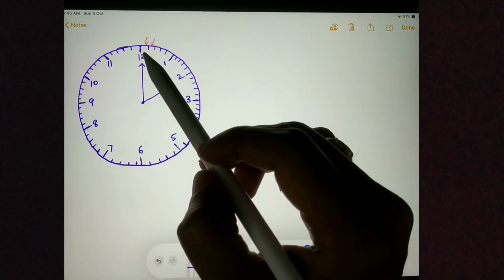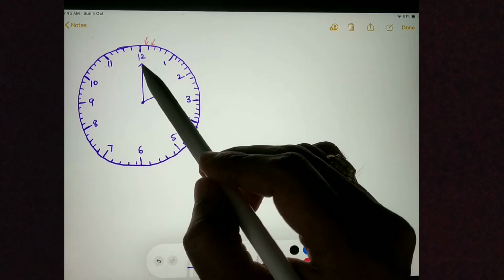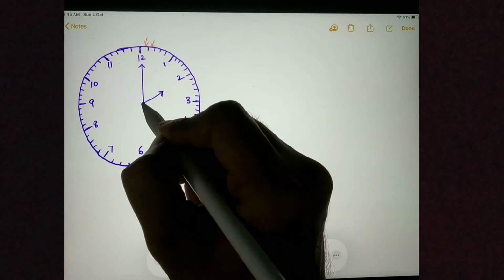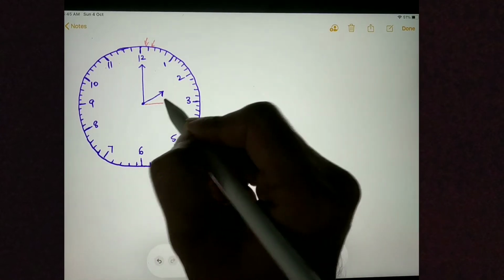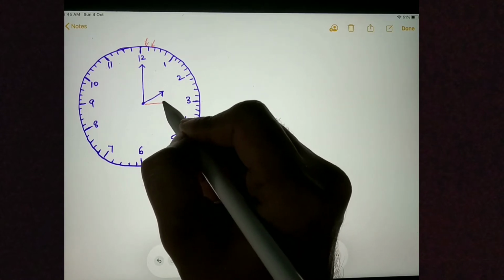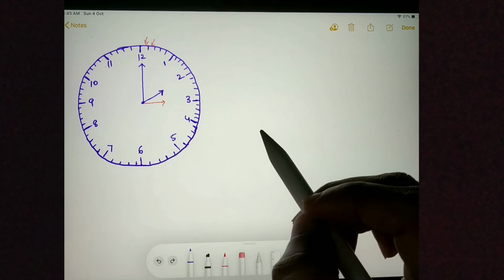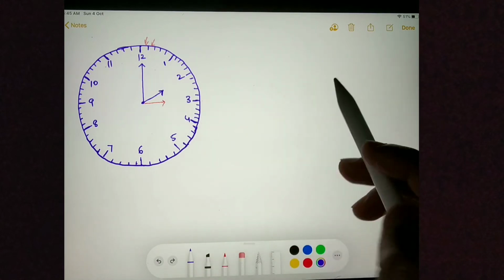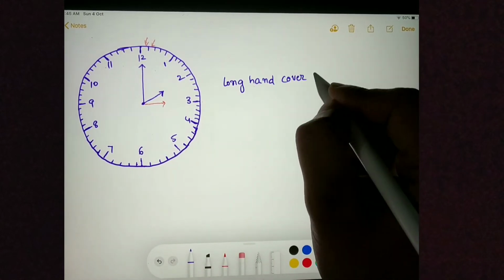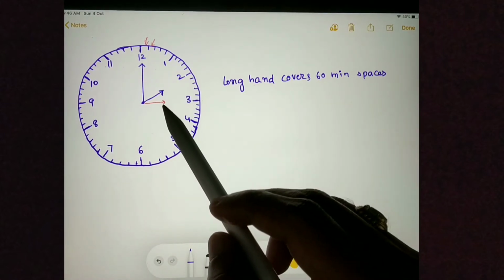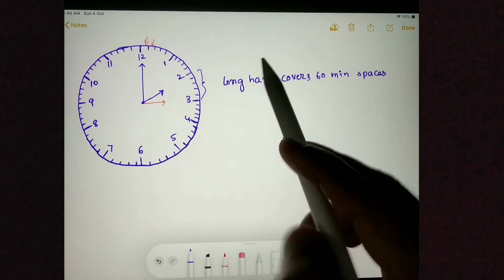Because currently the time is 2 o'clock. When the minute hand completes 60 minutes, our hand comes exactly at 3 o'clock. It means in 60 minutes the long hand is covering 60 minute spaces. In the same time our hand covers only 5 minute spaces.